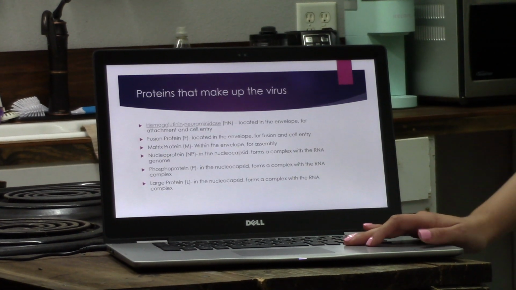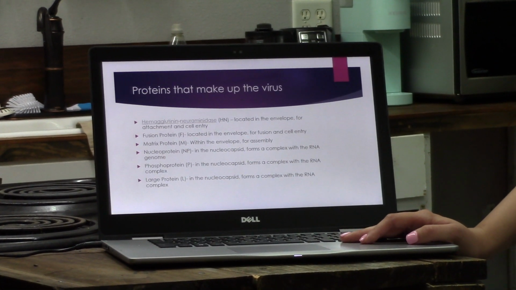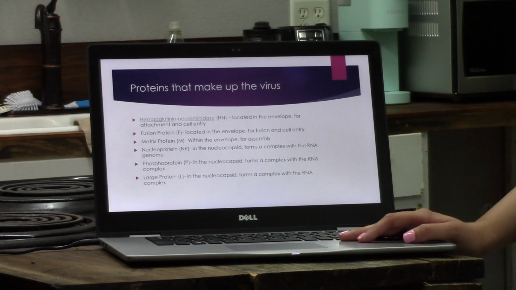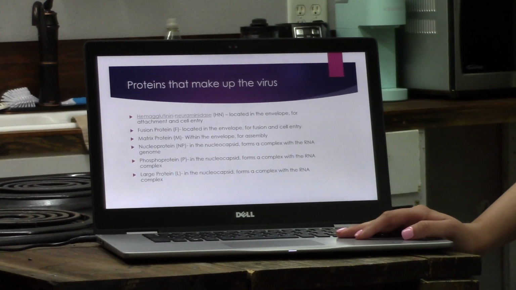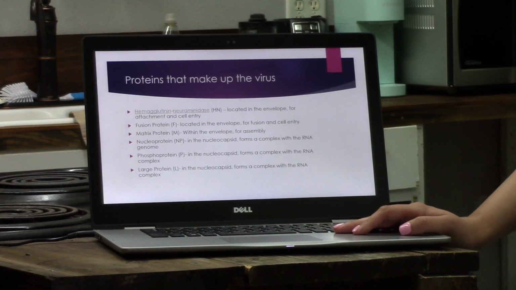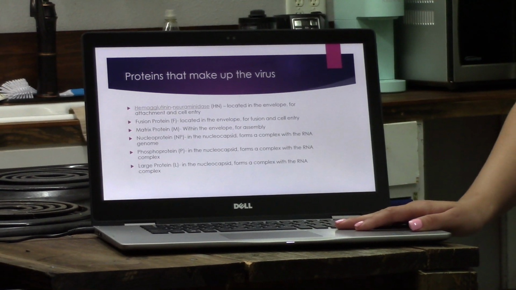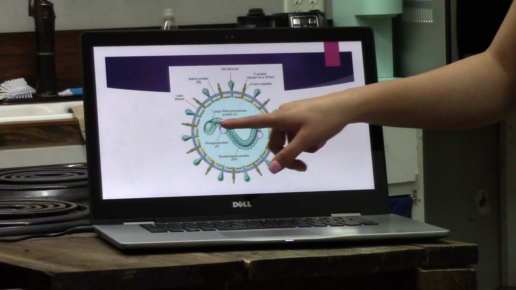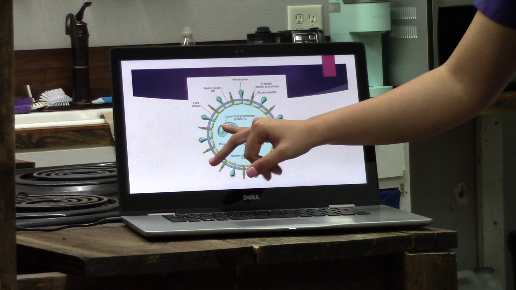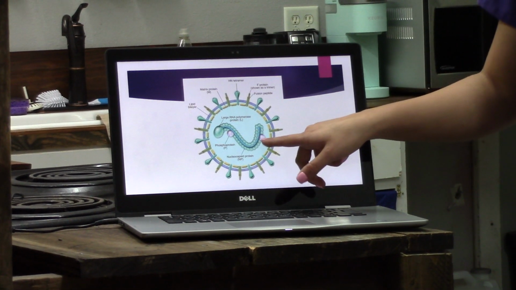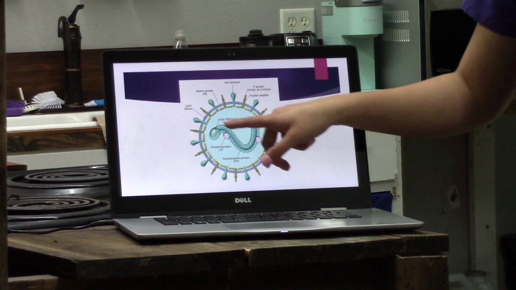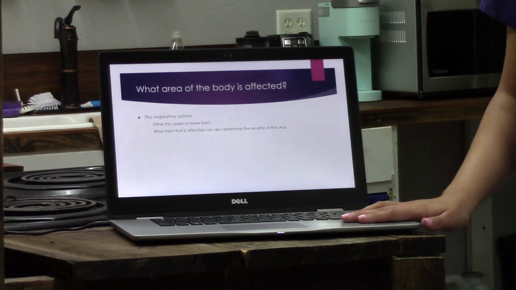And then we have the nucleoprotein, the phosphoprotein, and the large protein that are all in the nucleocapsid that form a complex with the RNA. So that is here, that's the large protein, the phosphoprotein, and the nucleocapsid right there.